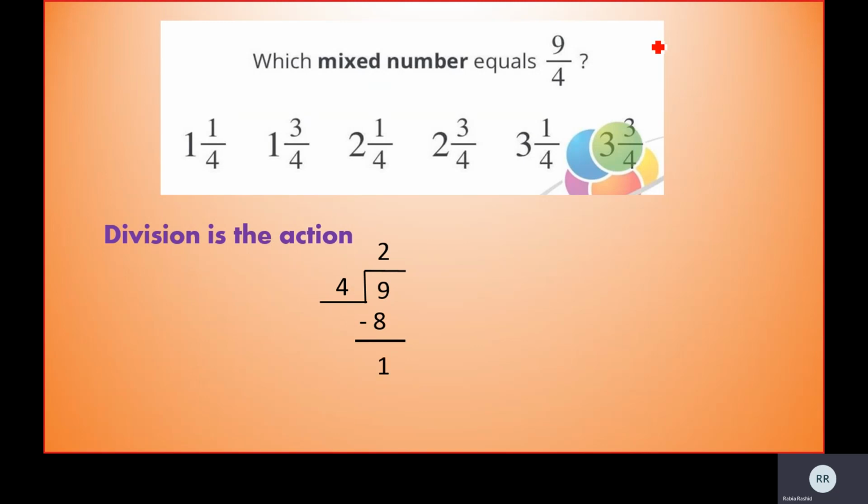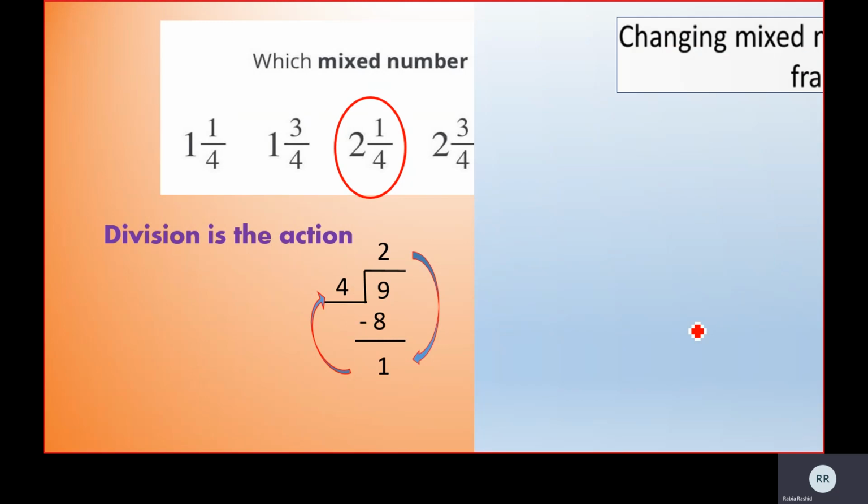So we'll follow the sequence: head to feet, feet to shoulder. First of all, we'll write 2 as head, 1 as feet, 4 as shoulder. Understand, girls? Hopefully now 2 and 1 by 4 is the correct answer.